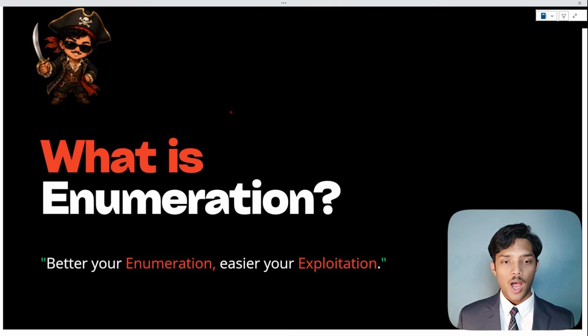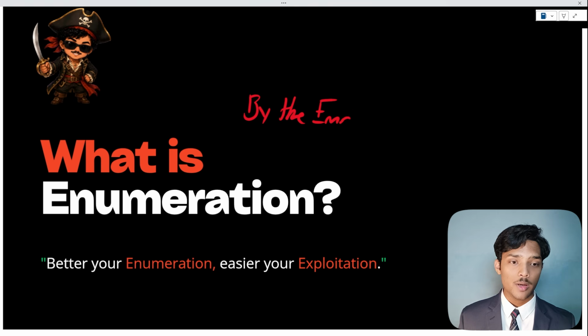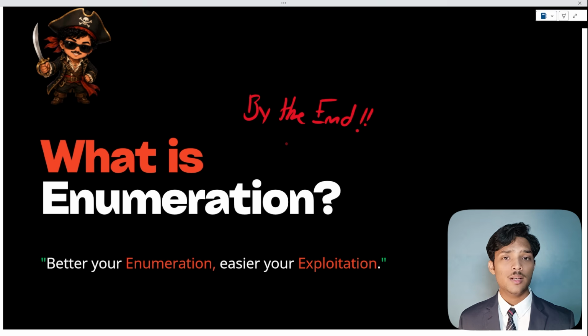And also, I'm going to make sure that by the end of this lecture, you will be able to know what exactly enumeration is, why it is important, why enumeration leads to finding critical vulnerabilities, and why this information is so crucial. So let's begin our lecture.